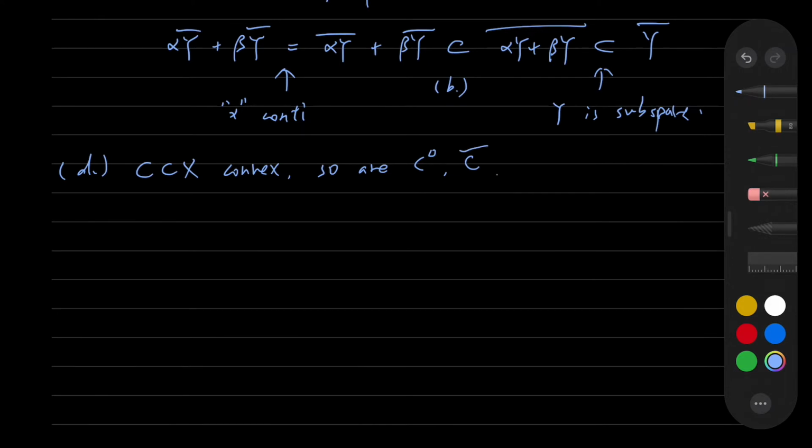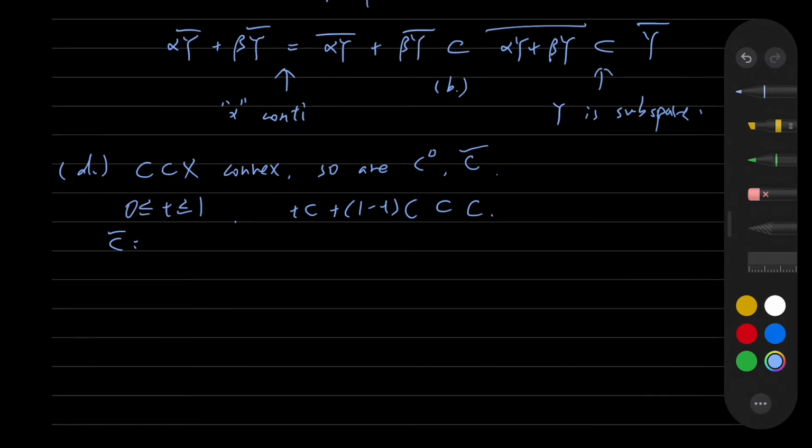So recall the convexity. This means that for a scalar between 0 and 1, this equation has to be true. For the closure, it's very easy.